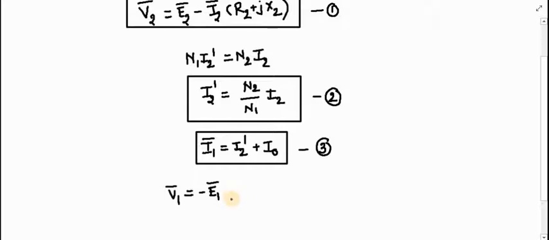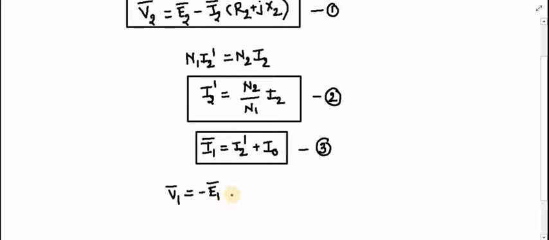Because minus E1 is the part of the applied voltage which is balancing the E1, or according to Lenz's law, the direction of E1 is such that it will oppose the cause of producing it. What is the cause? The cause is nothing but the applied voltage.